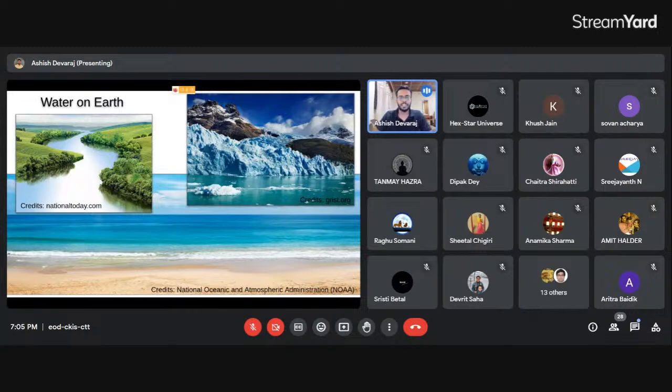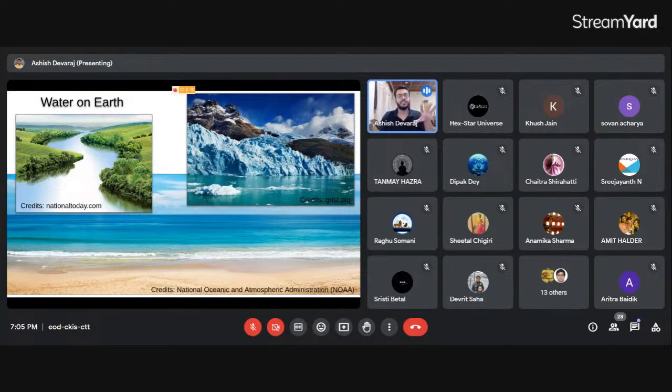So these images will be very familiar to you all, right? The first one, with the green color, is a river. On the right side is a glacier, and the thing at the bottom is the ocean. These are the forms in which Earth has water. That's where we find a lot of water on Earth.